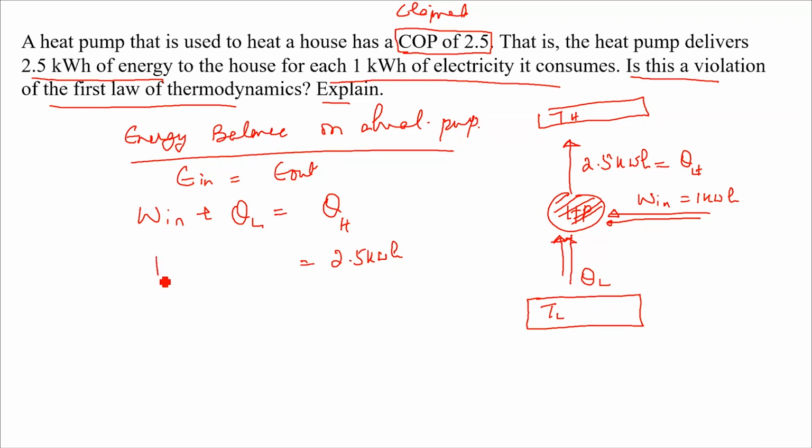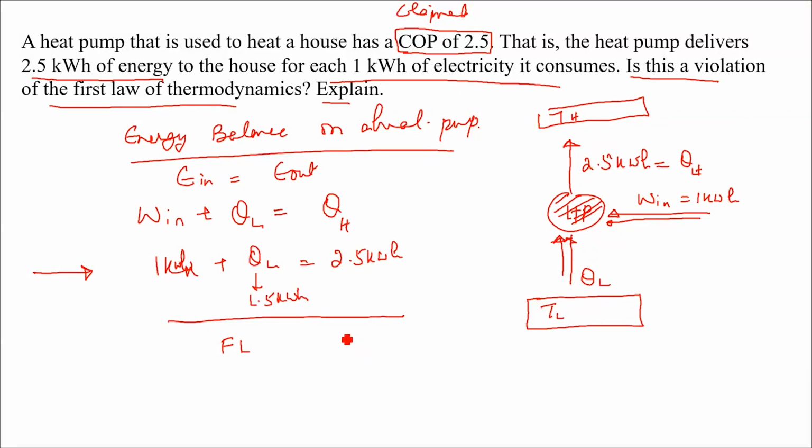Work in is 1 kilowatt hour. What should be the value of QL that would satisfy this equation? 1.5 kilowatt hour. So if my QL is 1.5 kilowatt hour, that means it satisfies the first law. Clear enough?